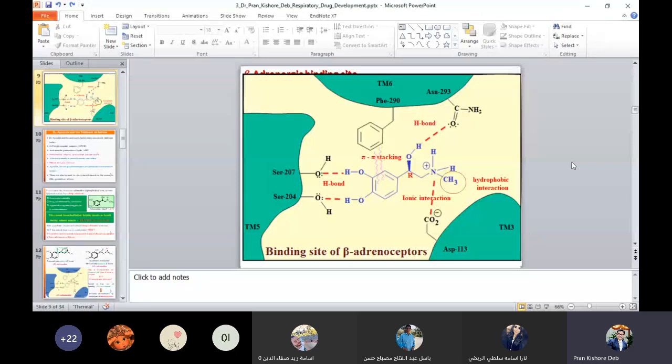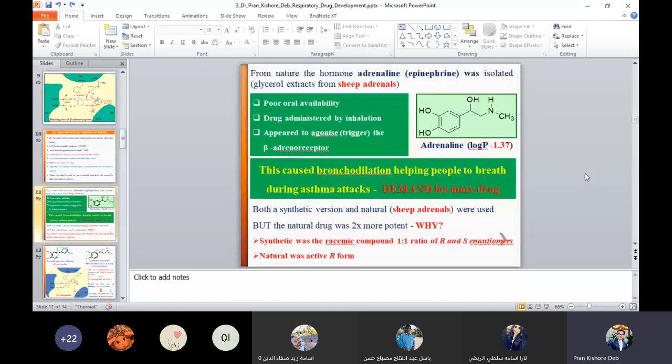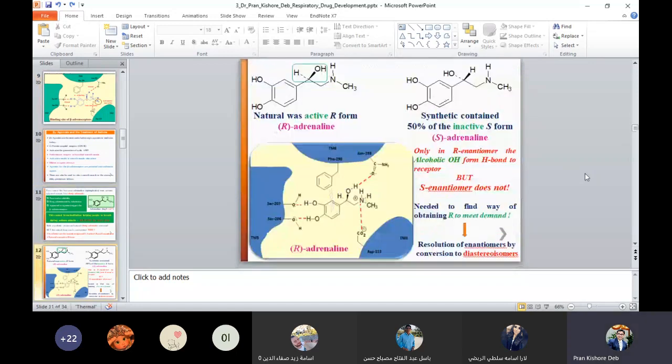In this class, we studied two concepts: the duration of action and oral availability, and the selectivity, how the selectivity is influenced by the alkyl group. If you remember this concept, you can answer any questions and you will understand all the drugs, their action, side effects, etc. With this understanding, I will finish my lecture here.